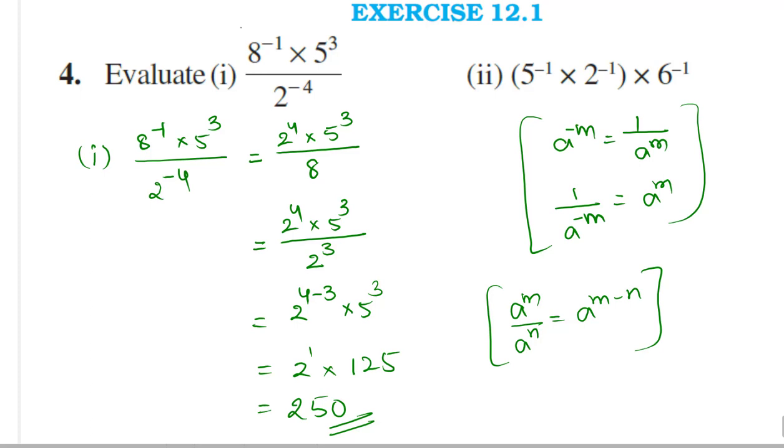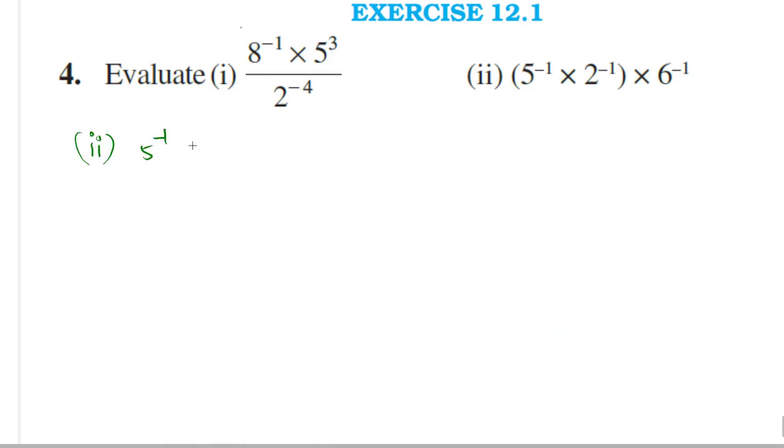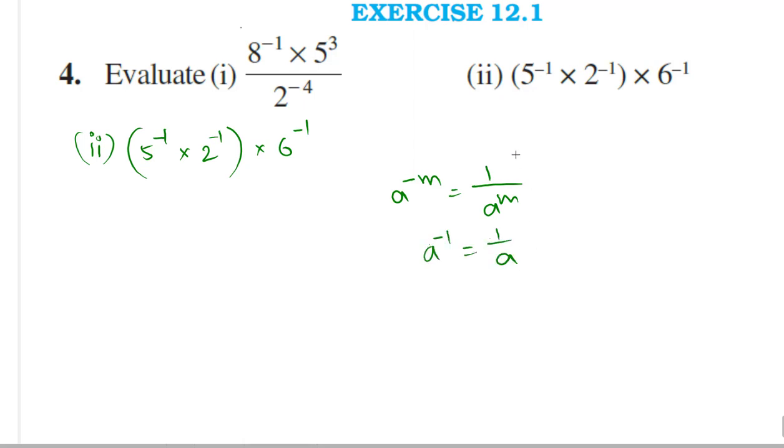Let us go to the second one. 5 to the power of minus 1 times 2 to the power of minus 1 then times 6 to the power of minus 1. We know that a to the power of minus m equal to 1 by a to the power of m, or simply a to the power of minus 1 gives us 1 by a simply.